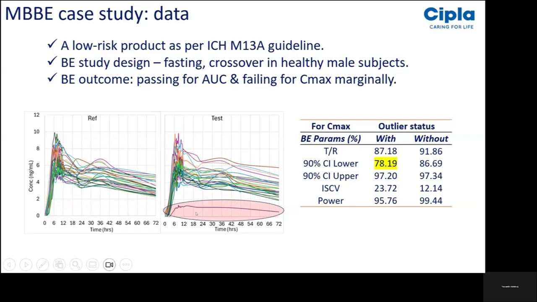And as we can see here, when we remove this particular subject's data from the data set, the study was passing for the lower CI, where it was failing with the outlier. And also there is a significant decrease in the inter-subject CV from 23 to 12. And we know that this could be the right data because of the experience we had in the other studies.